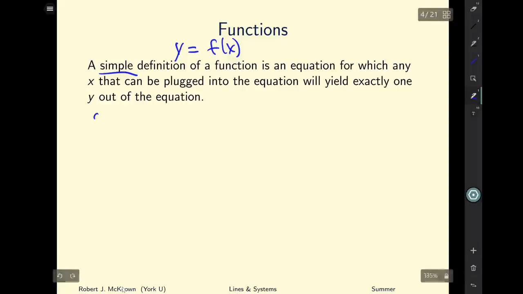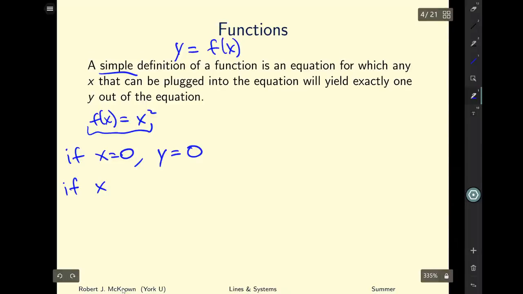So let's consider the function x squared. If x is equal to 0, y is also equal to 0. If x is equal to 1, y will be equal to 1. If x is equal to -1, y is also equal to 1.